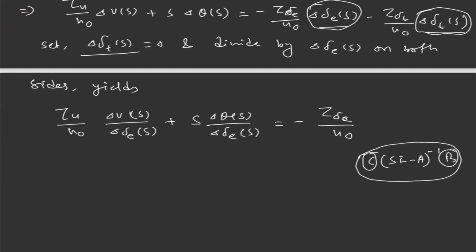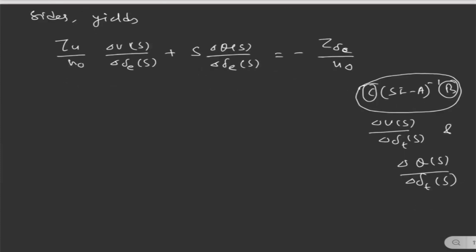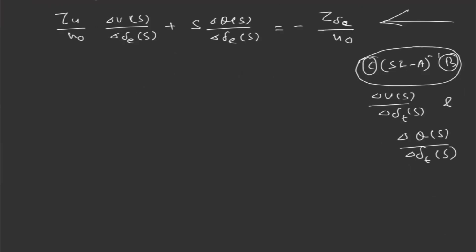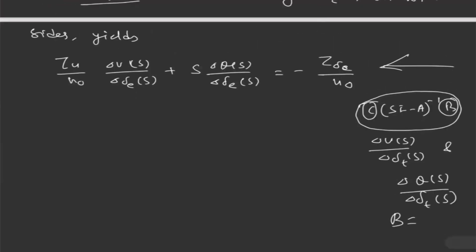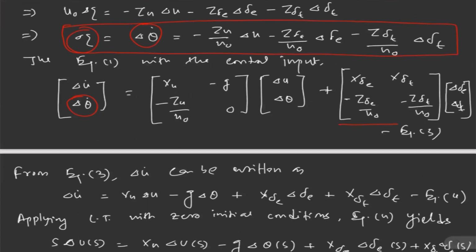So if you are going to find delta U(S) with respect to delta_T(S), and delta theta(S) with respect to delta_T(S), then we have to modify the B matrix. In the present case, if you look at the state space form, in the control matrix we are considering the first column of the control matrix.